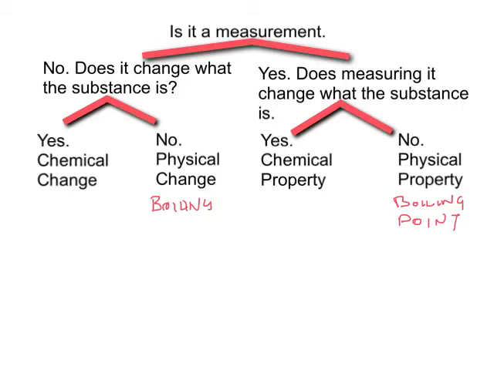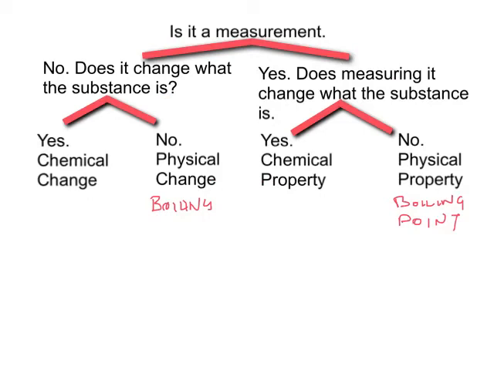I set the water on to boil and put a thermometer in it, take the measurement of the temperature when it begins to boil. So that is a measurement. And I ask myself, does measuring the boiling point change what the substance is? We already established that boiling doesn't, so measuring the boiling point isn't going to change what the substance is either. So it's a physical property.